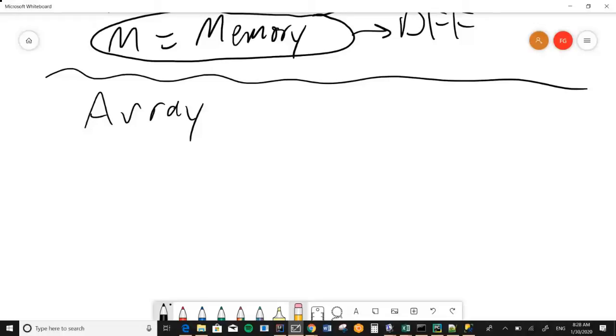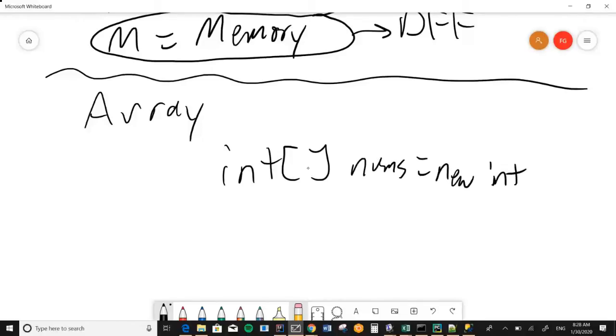But what does it really mean, right? If I ask for an array in Java, I say something like int[] nums = new int[10], or really seemingly anything. What this means is that I've requested and received a consecutive block of memory locations.